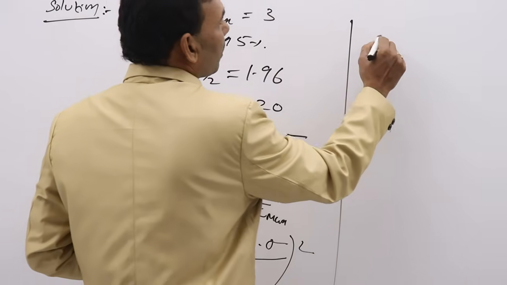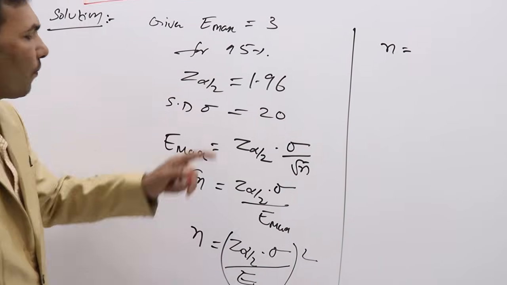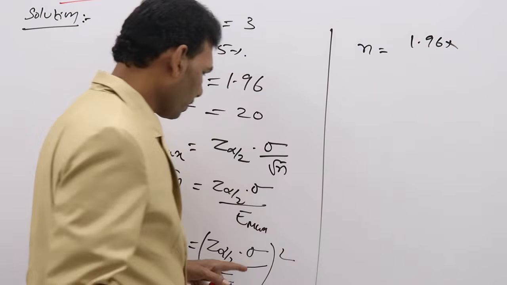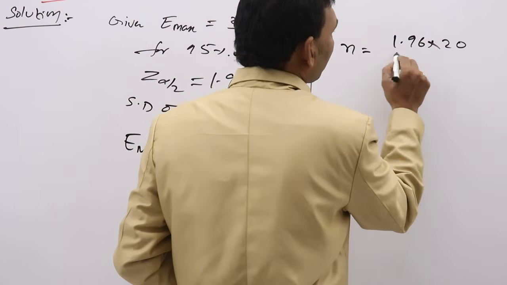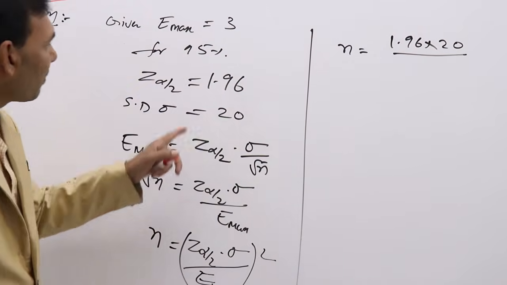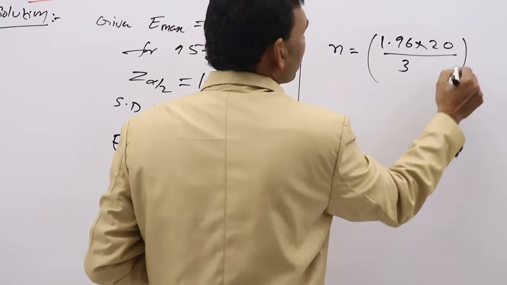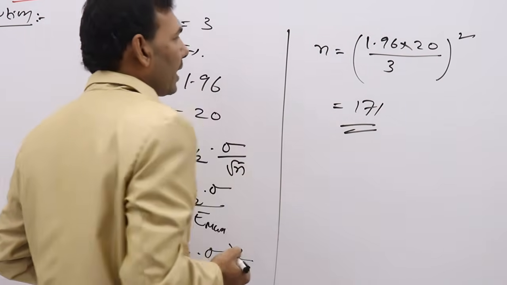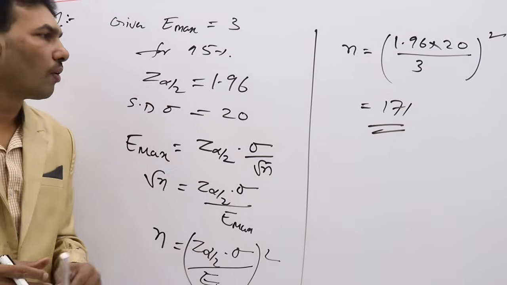Substituting the values: 1.96 into 20 by 3, whole square. If you calculate using your calculator, you will get the sample size 171.